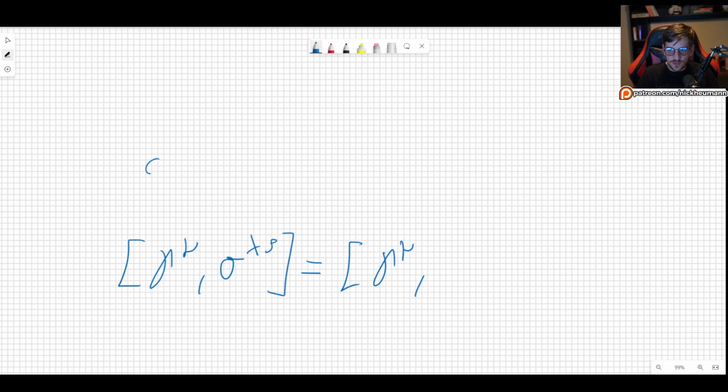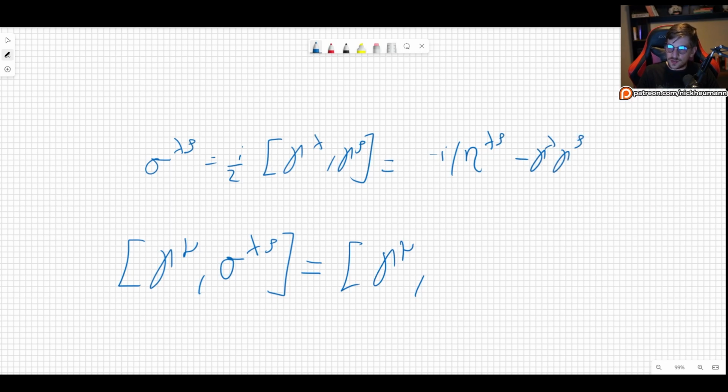Because we know, of course, sigma lambda rho is i over 2 times the commutator of gamma lambda, gamma rho, but we can also write it as minus i eta lambda rho minus gamma lambda gamma rho.